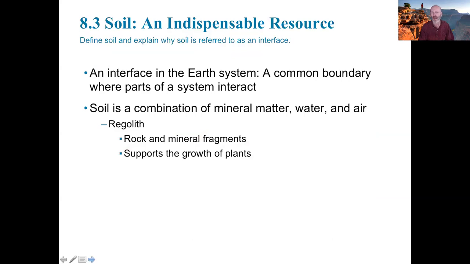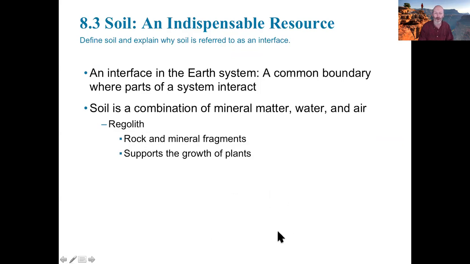So as we have this kind of process happening, the stuff that breaks down turns into soil. Soil contains minerals, contains rocky stuff, contains water, contains air. The stuff that's made out of rock and mineral fragments is called regolith.